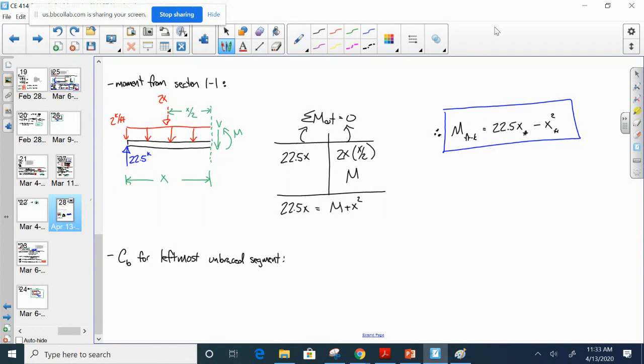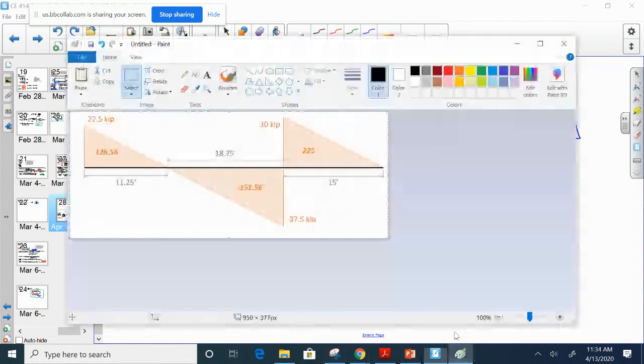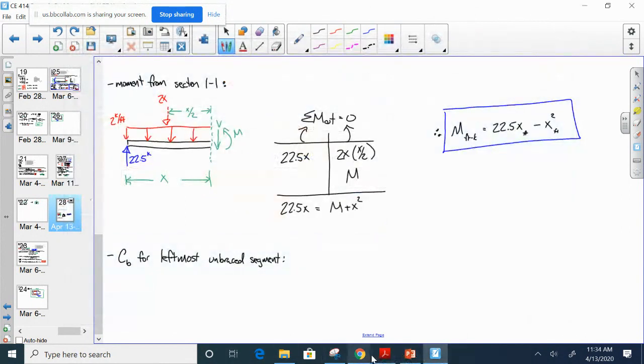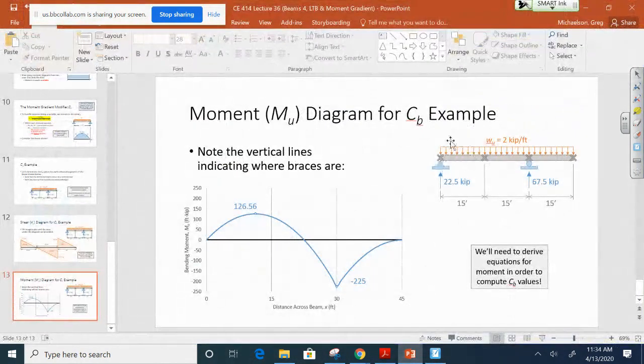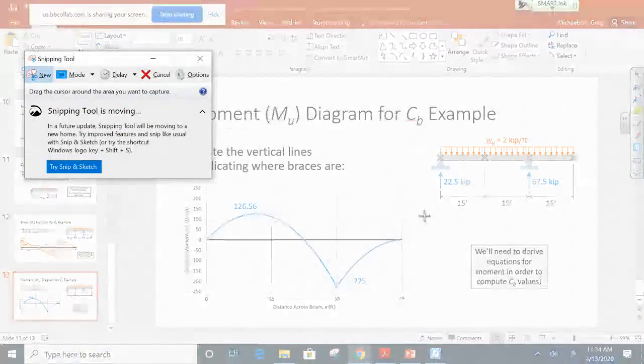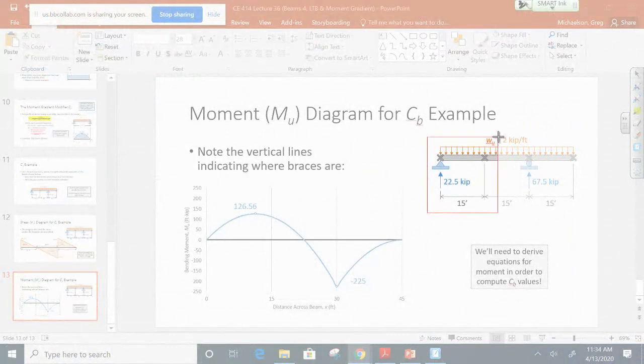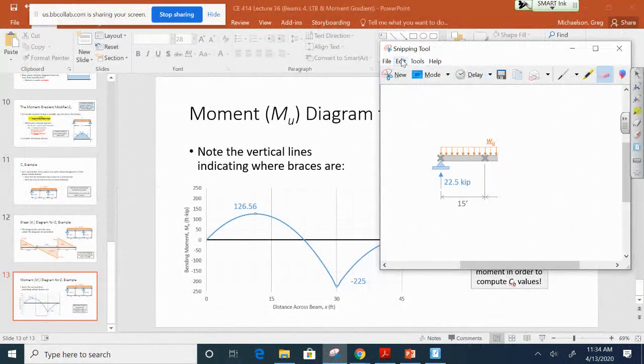All right. So what do I mean? I'm talking about this segment here on the left. Let me screen capture this to make sure that we're all clear on what we're talking about.